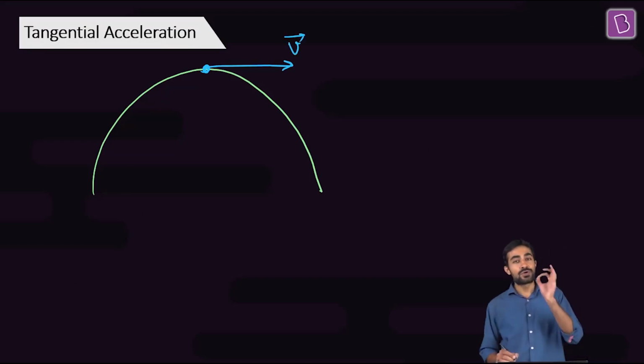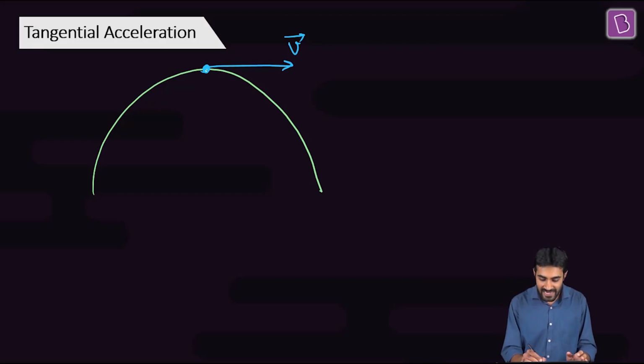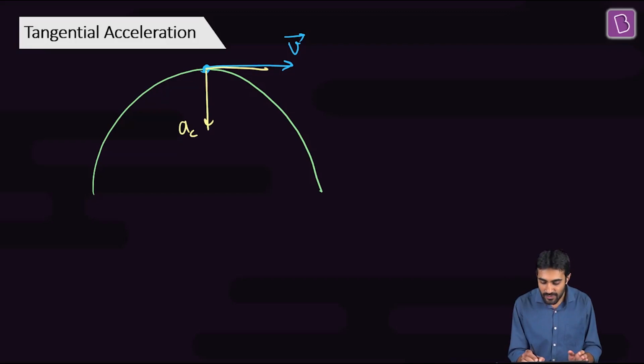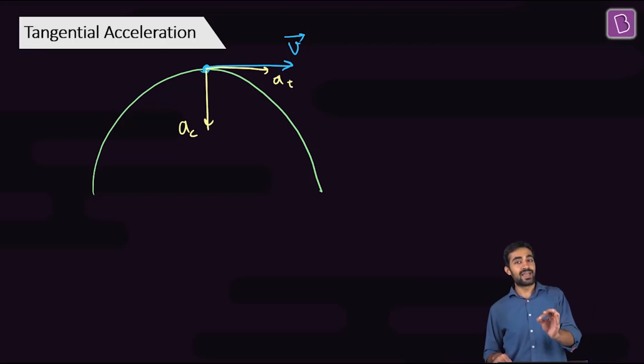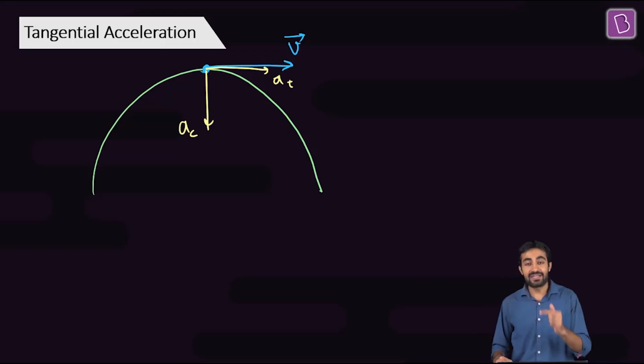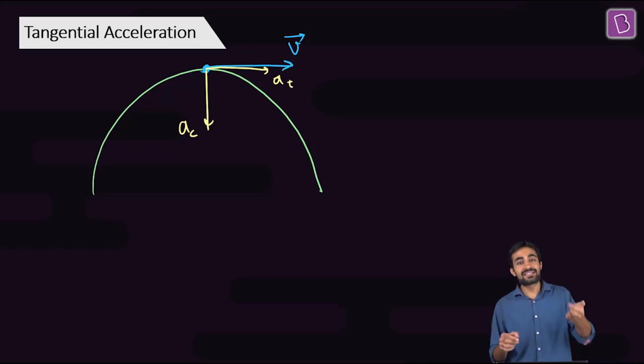Now, let me talk about the centripetal acceleration AC and the tangential acceleration AT. As we can see, the velocity vector and the tangential vector are along the same line, and the centripetal acceleration is perpendicular to this line.